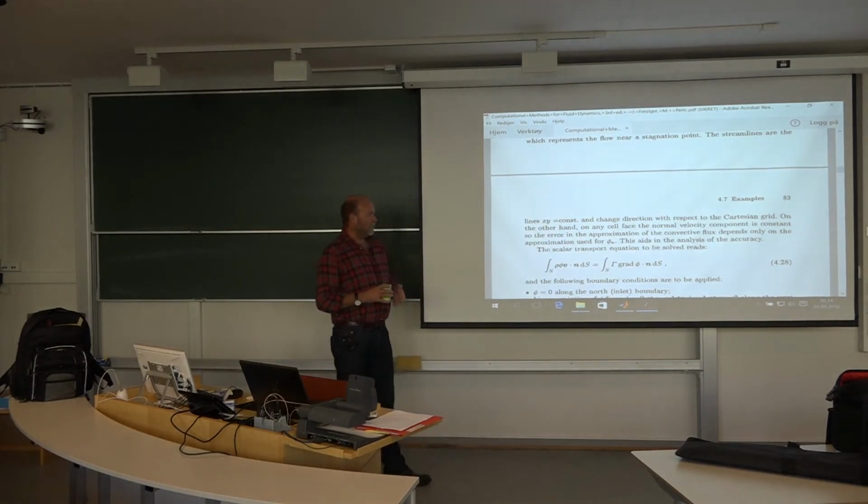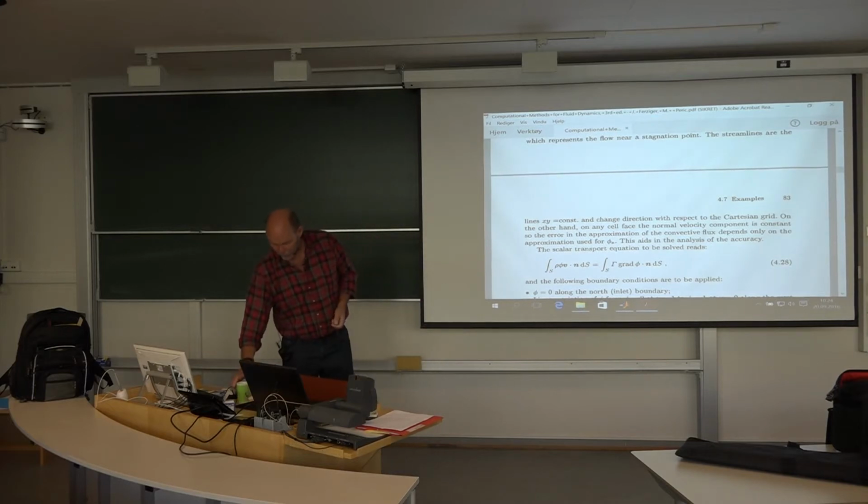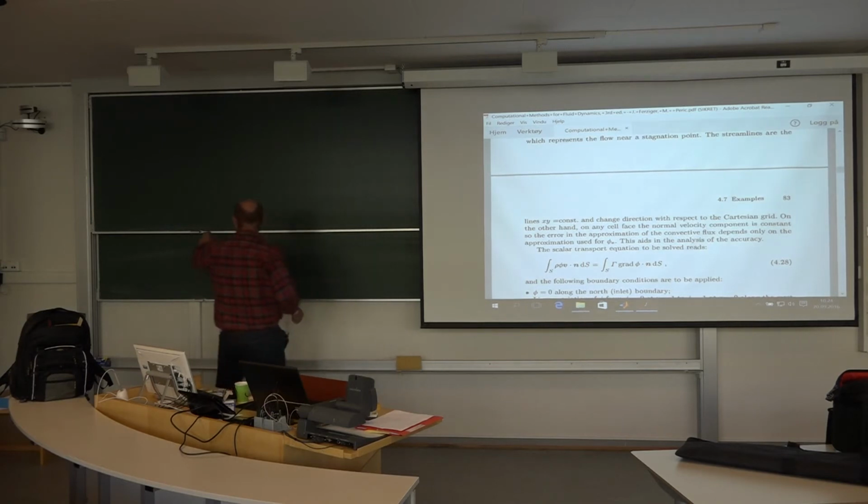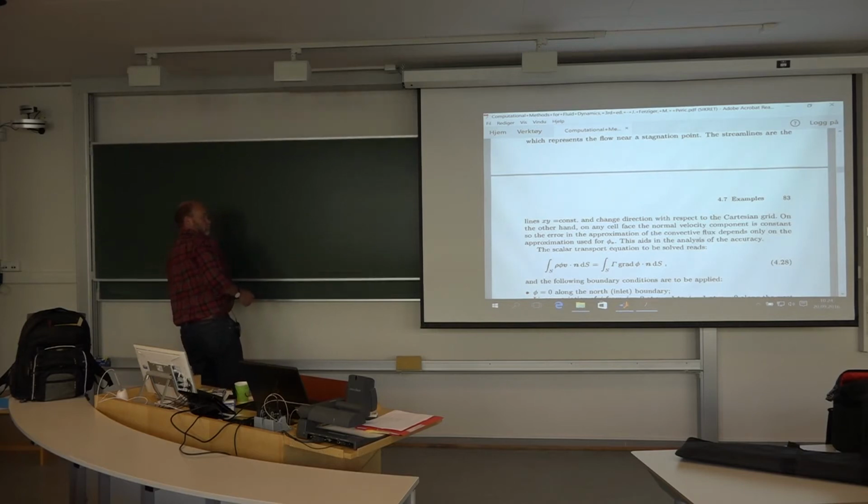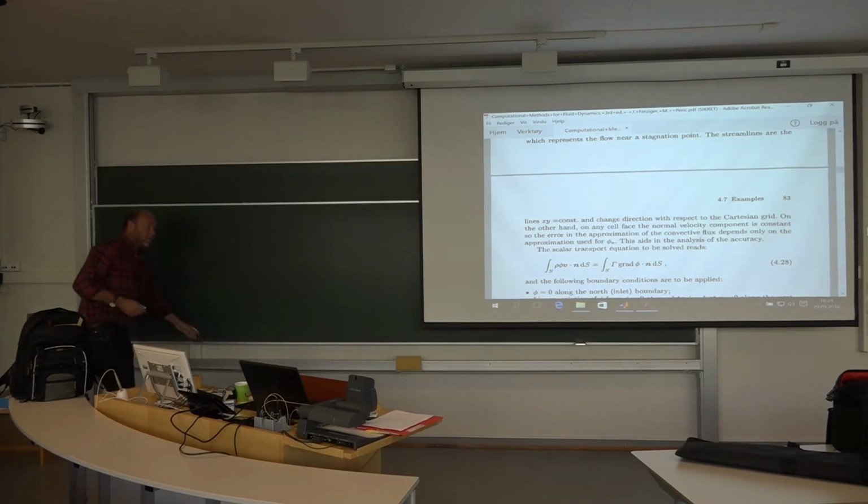So how to achieve that equation? Well, of course, a little bit of algebra. If you remember the starting point that we had last time, that was the advection diffusion equation.